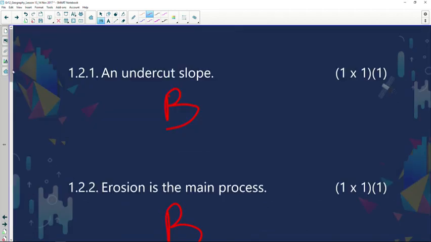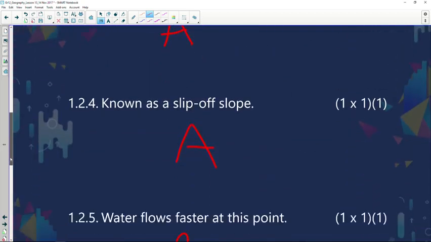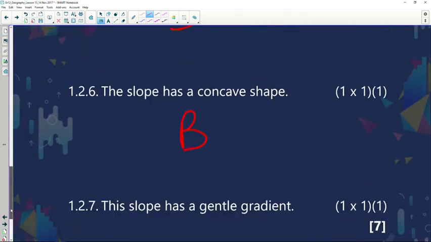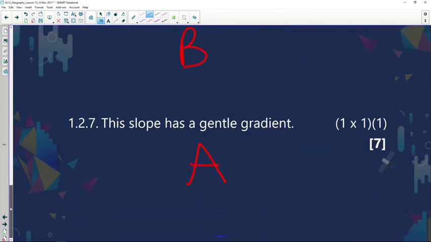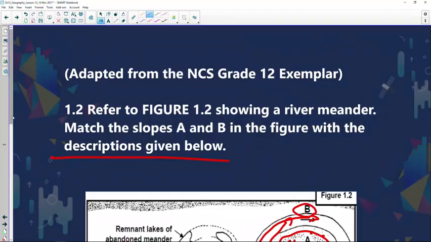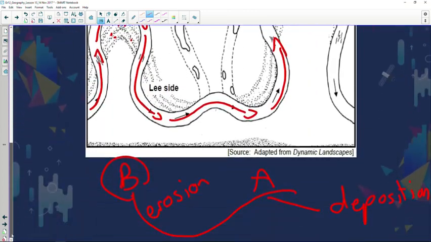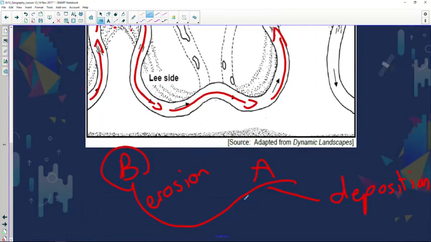Now if you look at our final question, the slope with a gentle gradient, like I've shown you before, is definitely where the deposition has taken place, and that is slope number A. If we quickly go back, you can see the riverbed is much more shallow because of the deposition taking place.